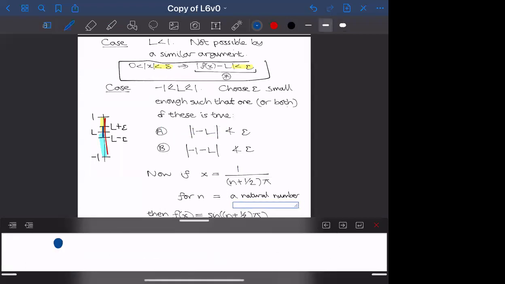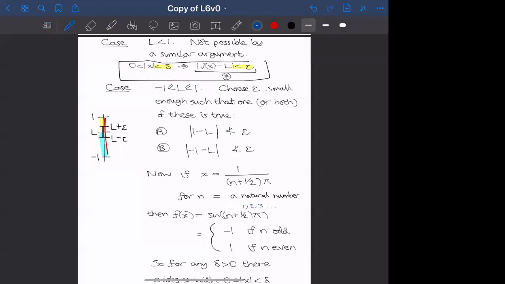And by this I just mean, as we said at the start of the course, 1, 2, 3. So it's the sine of one of those plus half times pi. And remember, in the graph of the sine function, that's minus 1 if n is odd, and plus 1 if n is even.